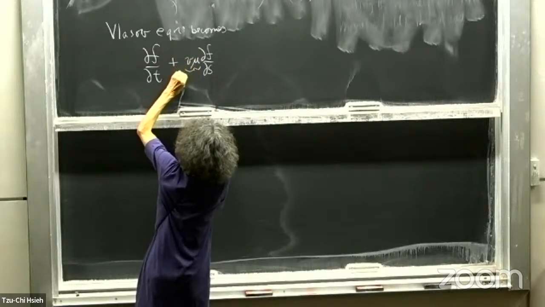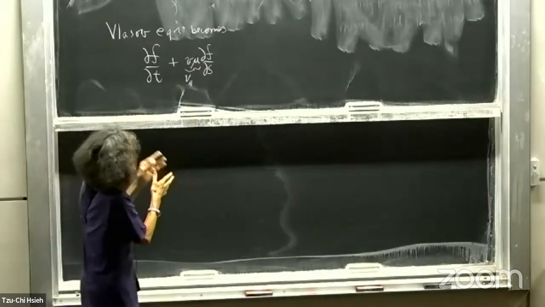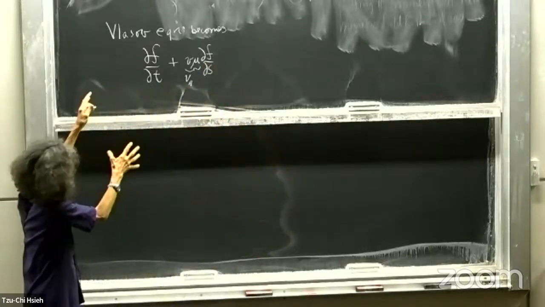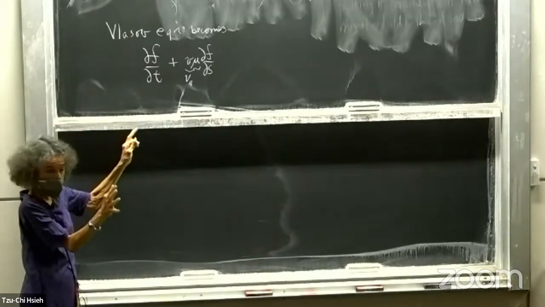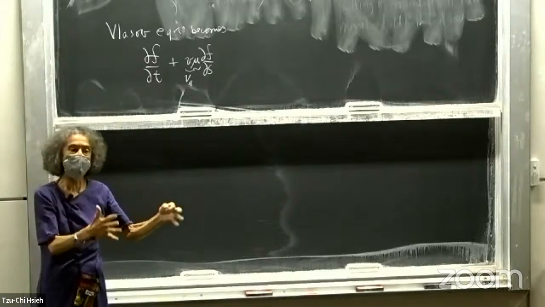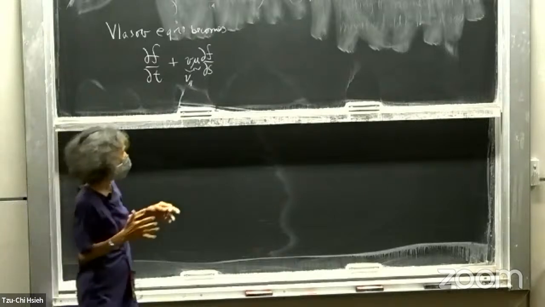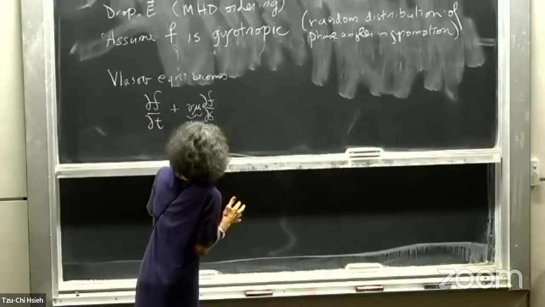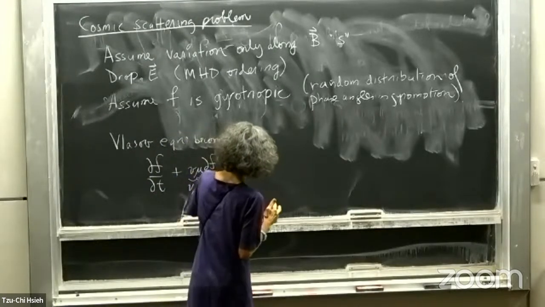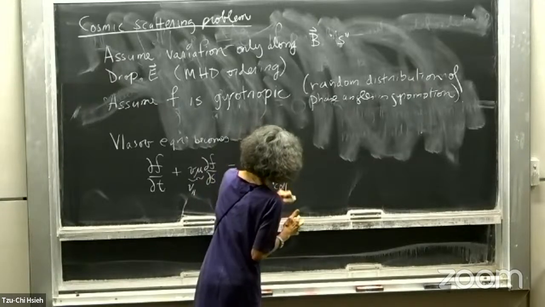So V mu in our new notation is V parallel. Remember, mu is the cosine of the angle between the magnetic field and the particles. The Lorentz force goes away entirely. The electric part goes away because we said it did. And if F is gyrotropic, then V cross B dot grad P is 0. That's an exercise in algebra that you can do. So it all goes away, and it's just dF/dt by collisions.